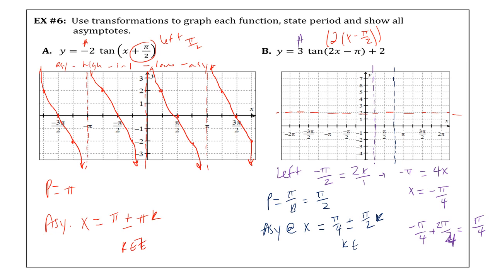And k is an integer. Okay, so I'm going to finish out my graph. I'm going to put the rest of my asymptotes. So I have asymptotes at 1/4 pi, 3/4 pi, 5/4 pi, 7/4 pi, 9/4 pi.